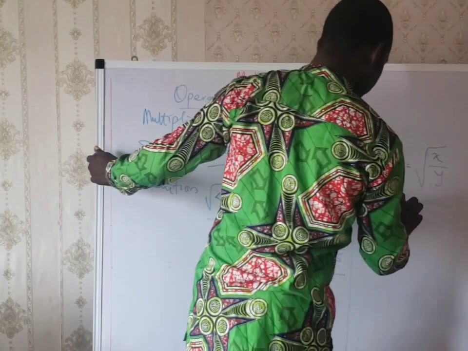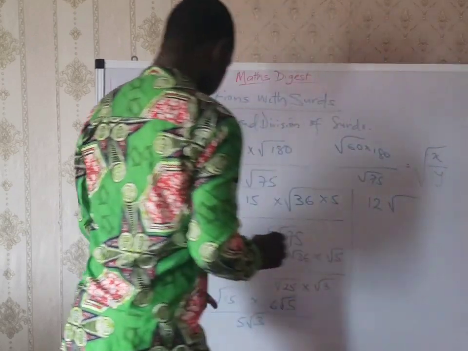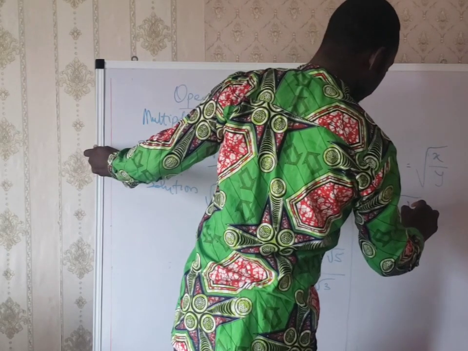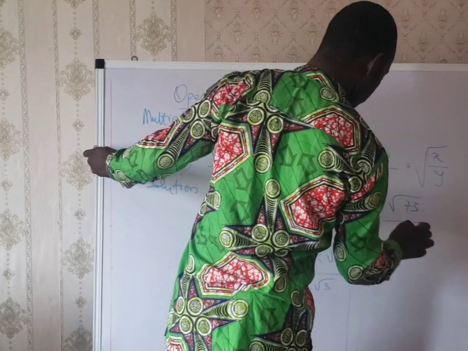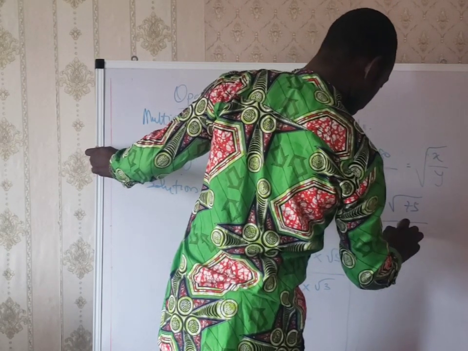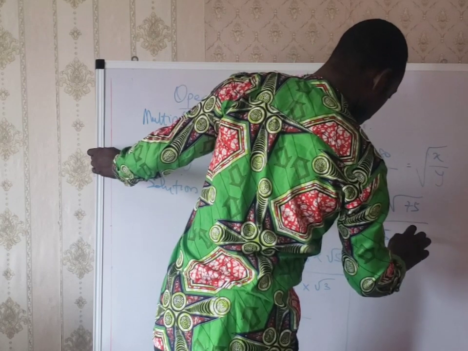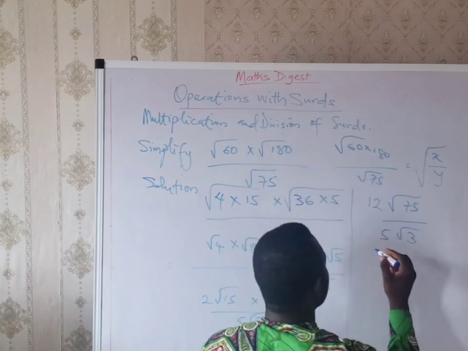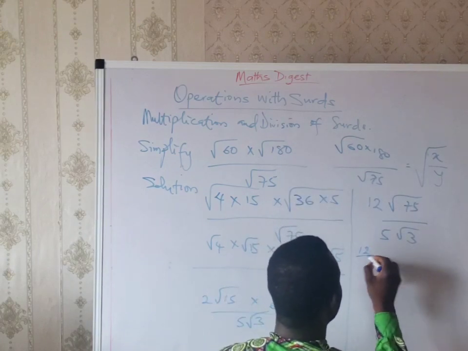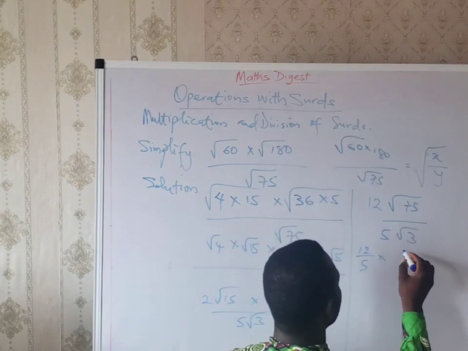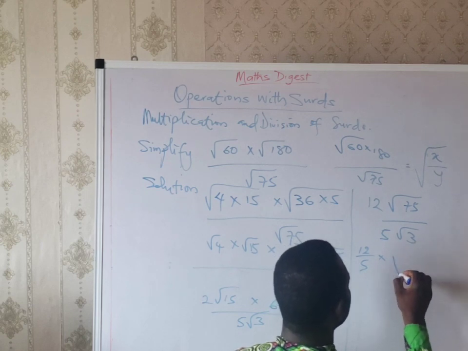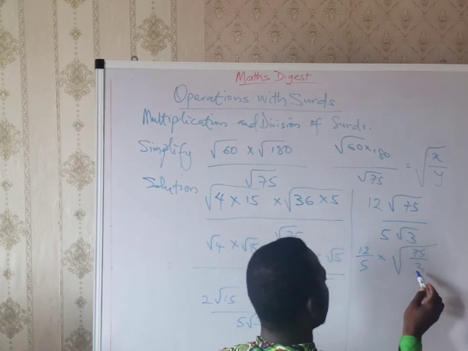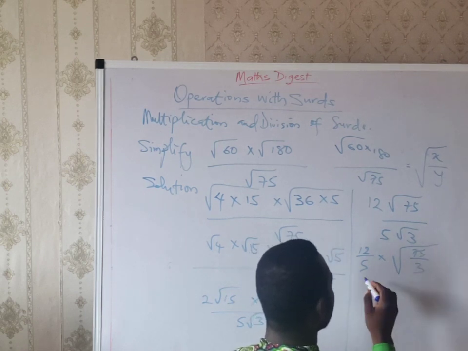So 5 times 15 will give you 75, and we have root 75 all over 5 root 3. This can as well be stated thus: 12 over 5 times root of 75 over 3. Now 3 into 75 will give you what?